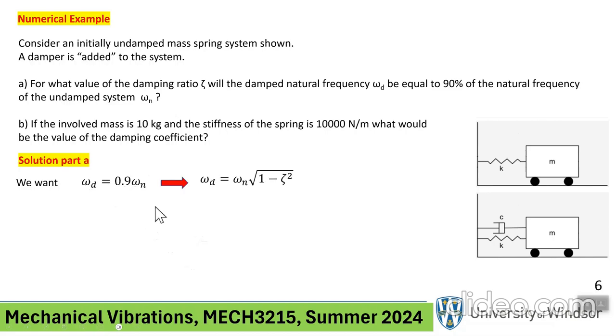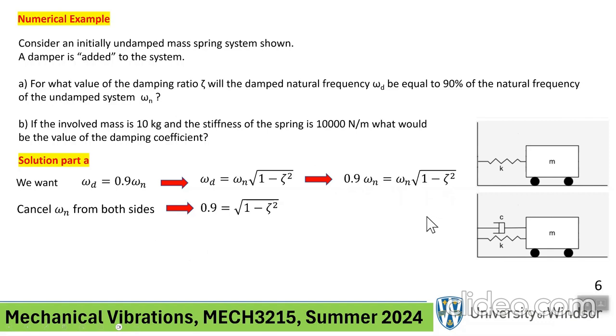All right. So first of all, let us write the expression for omega d, which is right here. And I want this expression to be 90% of omega n, or 0.9 omega n. Just plug it in. Omega n cancels from both sides. Solve for zeta, and this is the answer to part A.